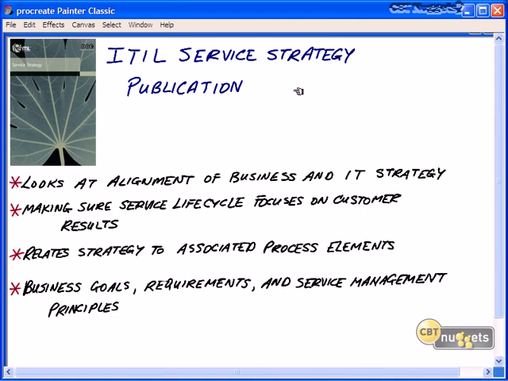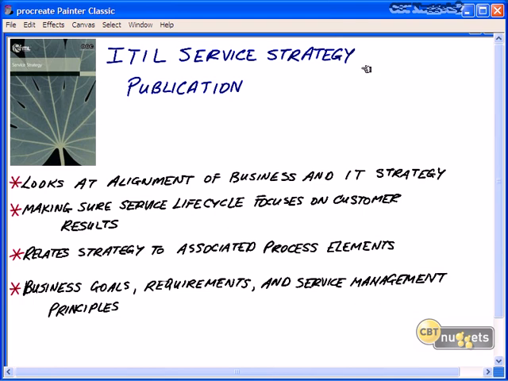The Service Strategy book is going to evaluate the alignment of business and IT strategy. This is really one of the main focuses of change in ITIL version 3 over version 2: the alignment of IT and the overall business, the management of IT throughout the complete business life cycle, and the importance of creating business value through information technology, going beyond just the processes and their execution.